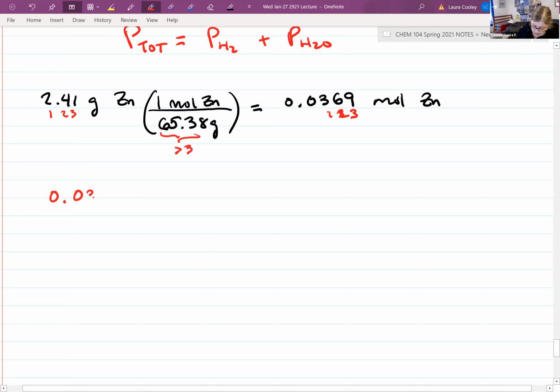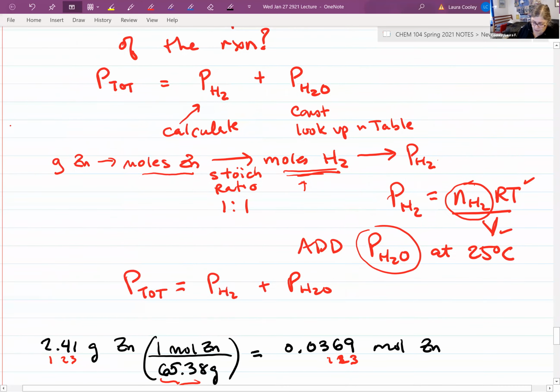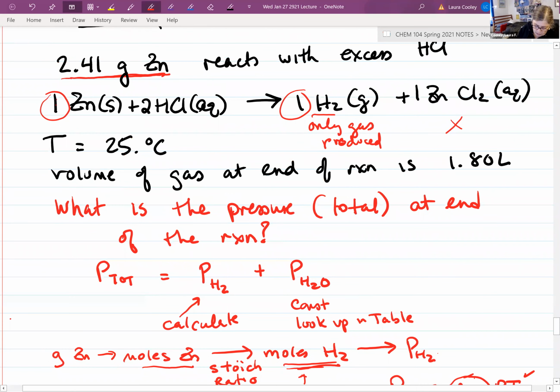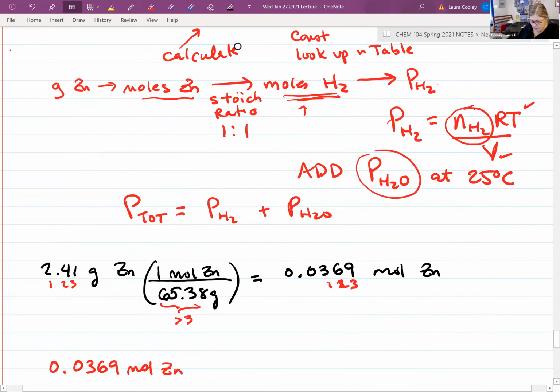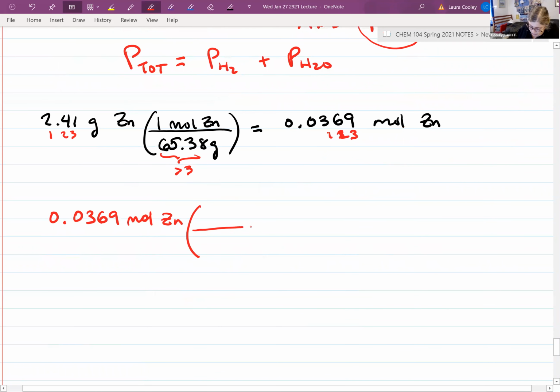Now I'm going to use that. And looking back at the equation, remember 1 mole of zinc gives 1 mole of H2. So we have a 1-to-1, but don't expect this in every single problem.